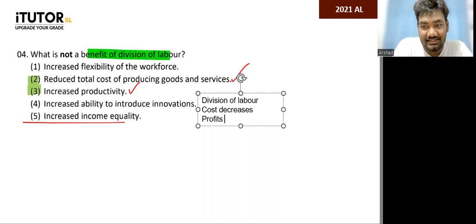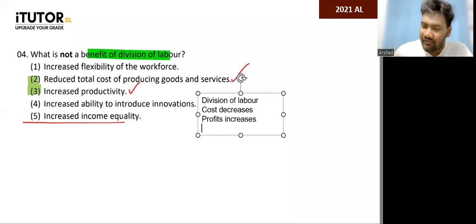Profits increase. The more and more profits that a company is making, what can it do, guys? More and more profit a company makes, it can invest in what? It can invest in research and development.